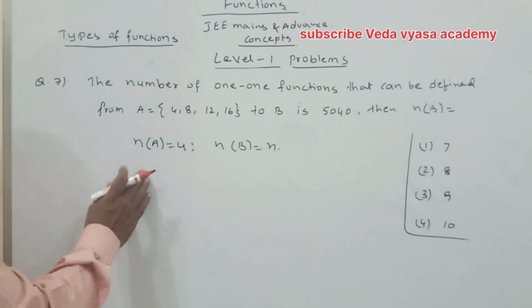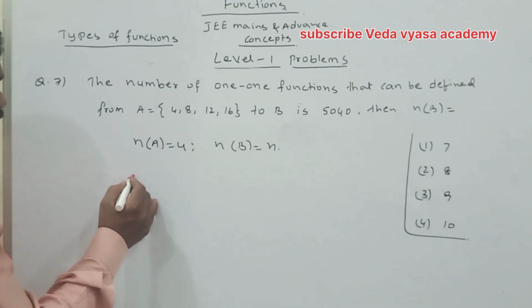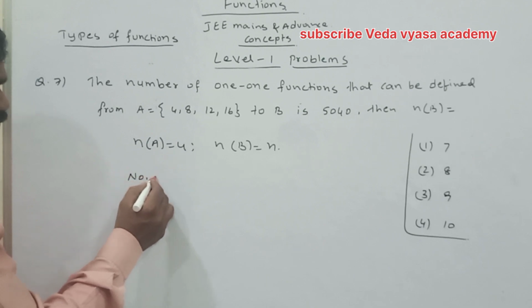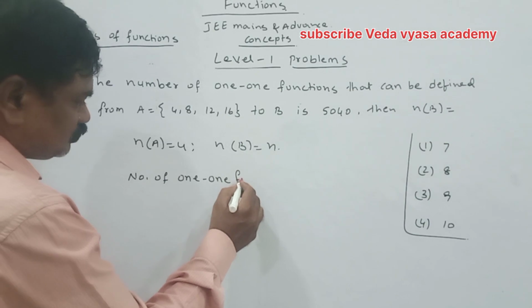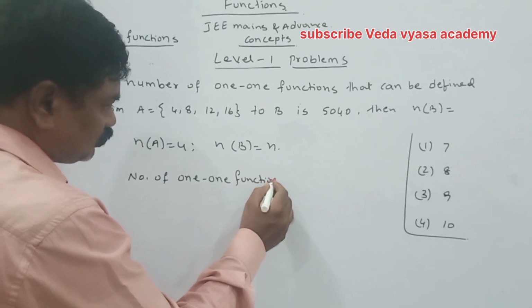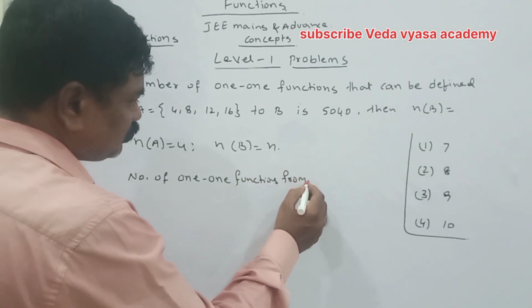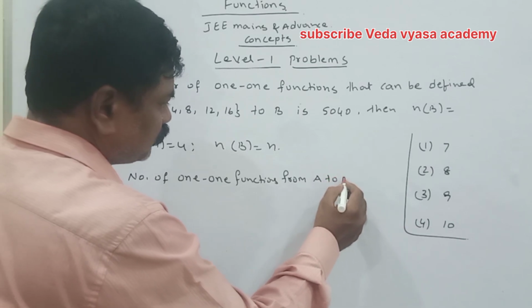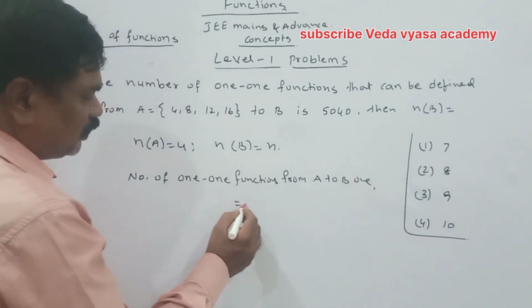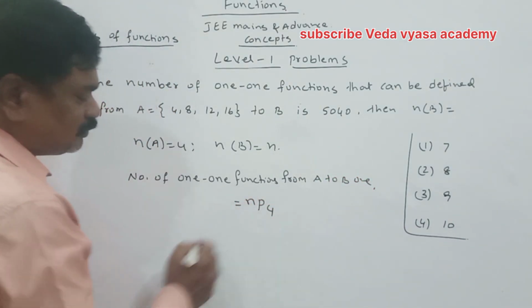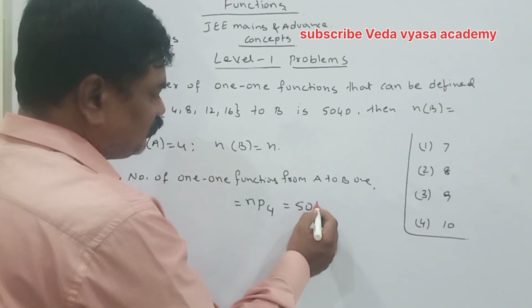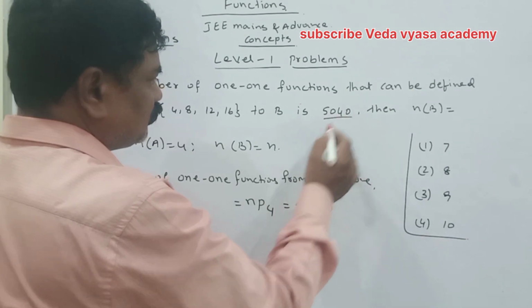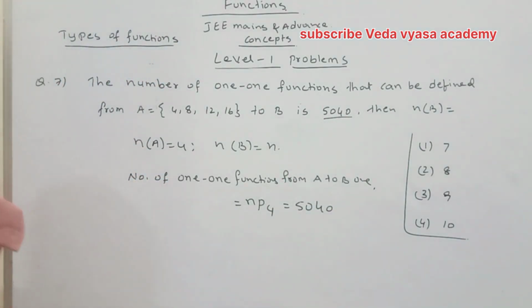Then we can write that the number of one-one functions from A to B are nP4. nP4 is equal to 5040, which is given.